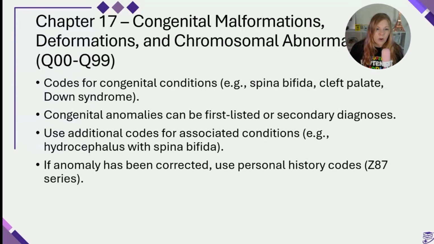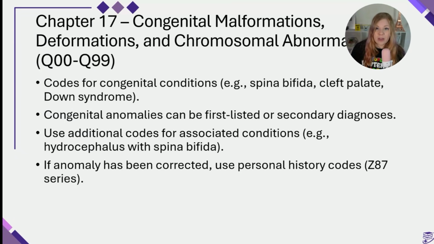Next, moving on from conditions from the mother to conditions to the baby is our Chapter 17 code, our congenital malformations, deformations, chromosomal abnormalities, and codes Q00 through Q99. So spina bifida, palate, Down syndrome, those can be coded as either first listed or secondary diagnosis. It's important to add codes for any associated conditions when they're present.